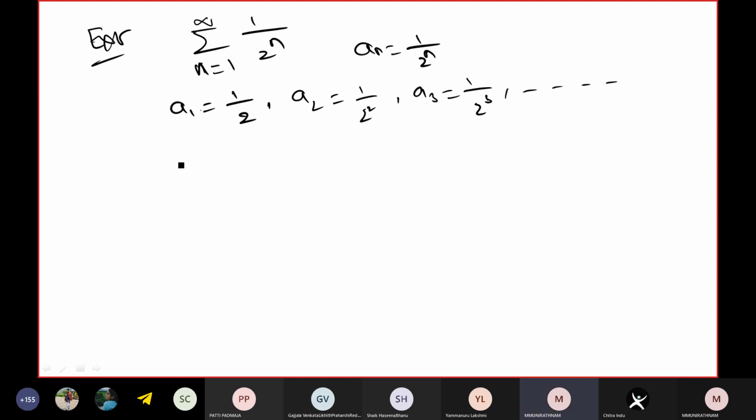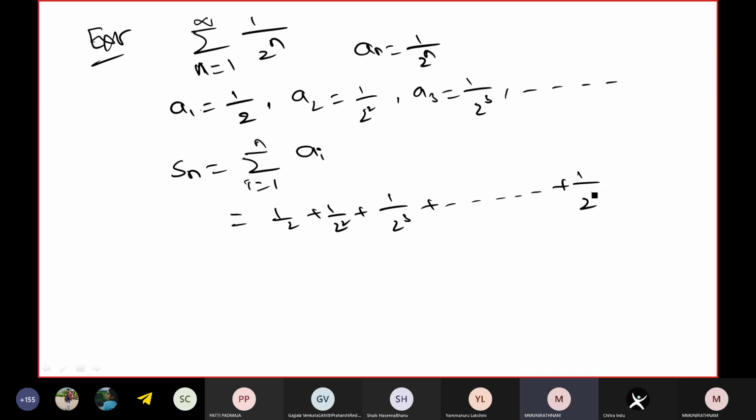So I'm going to find Sn, the sum of i equal to 1 to n of ai. Sum of n terms is 1 by 2 plus 1 by 2 square plus 1 by 2 cube and so on up to 1 by 2 power n. So here a is 1 by 2, r is also 1 by 2.